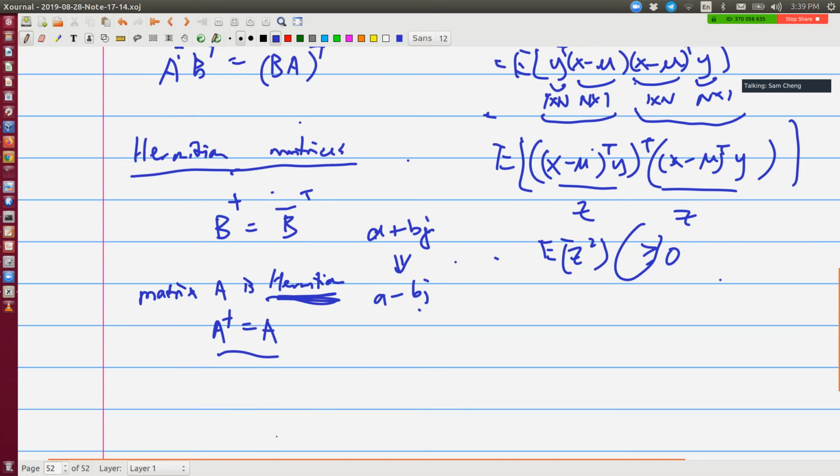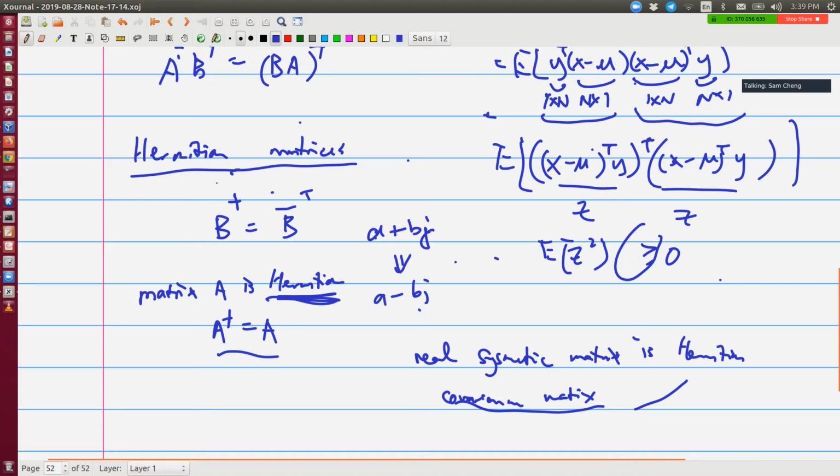And note that a real symmetric matrix is Hermitian, because the complex conjugate is itself. So this covariance matrix is also Hermitian, because it is real and symmetric. We will look at some properties of Hermitian matrices, because it's sometimes easier to show properties under Hermitian, which is also more general.